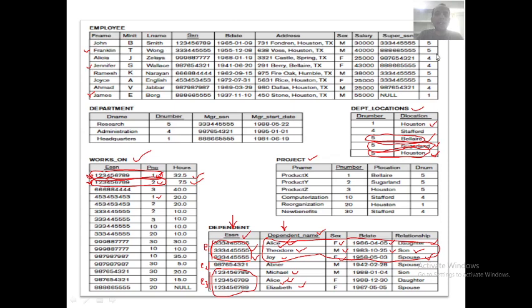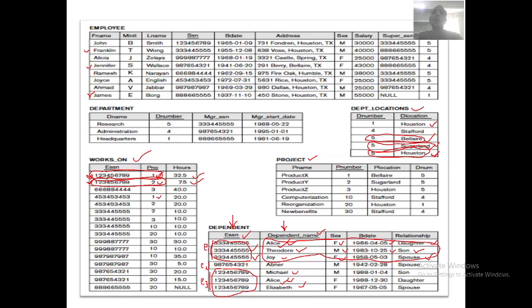The second employee is also working in department number 5. Franklin is also working in the research department. Department number 4 is administration. The third person, Alicia, is working in department number 4. Like this, these form which employee works for which department. Works for is a relationship. This employee works for this department, so this is the relationship.